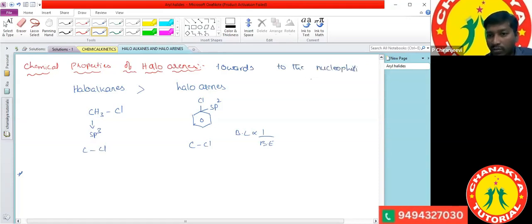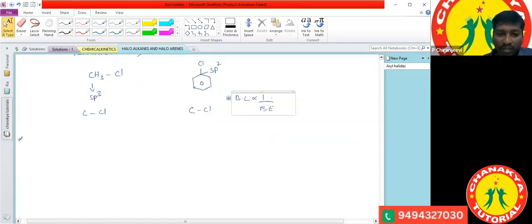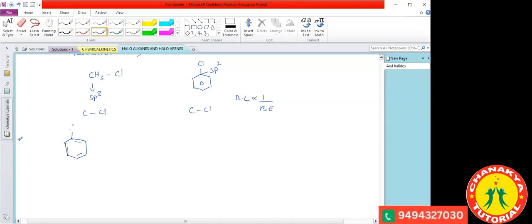Because the halogen undergoes resonance. What is meant by resonance? Shifting of pi bonds?